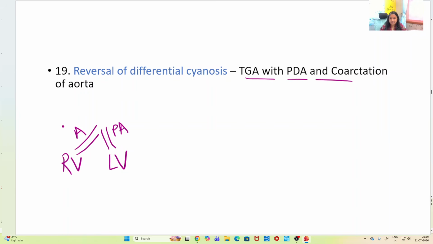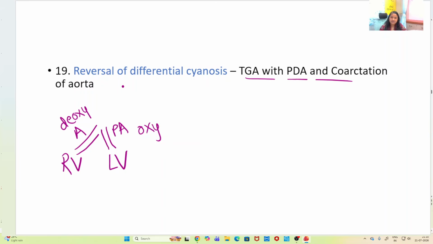So there is this aorta, this vessel is carrying deoxygenated blood. This pulmonary artery is carrying oxygenated blood from this left side of the heart into the lungs. Okay, now when there is a PDA, there is this connection between these two great vessels.